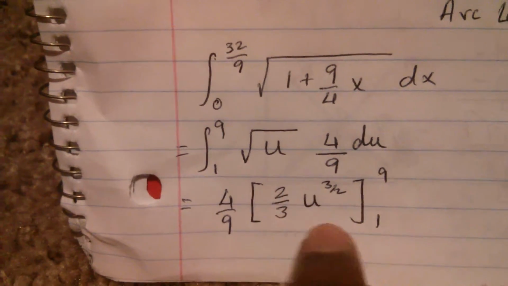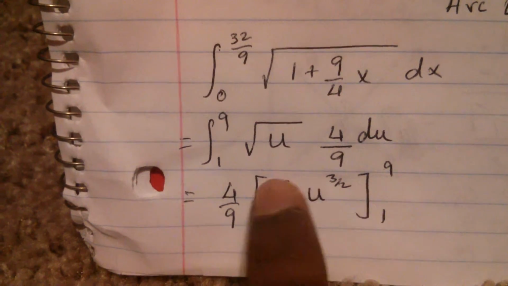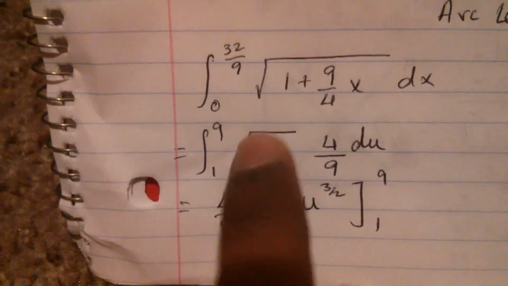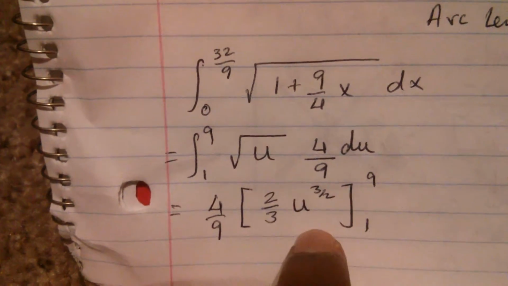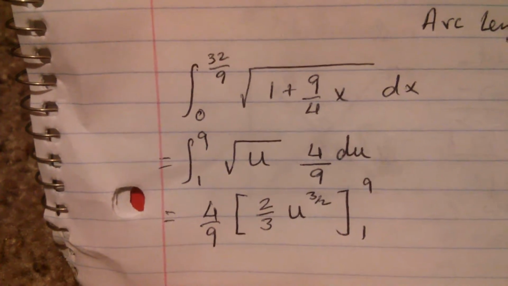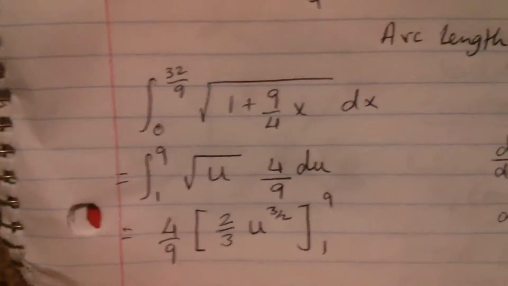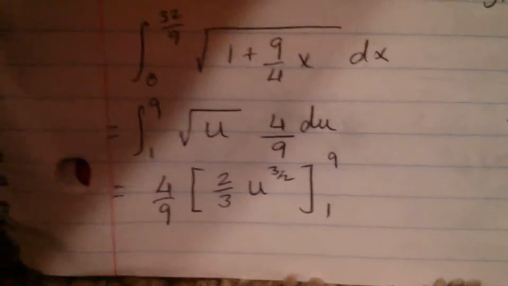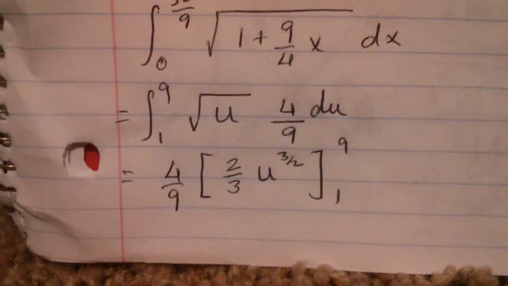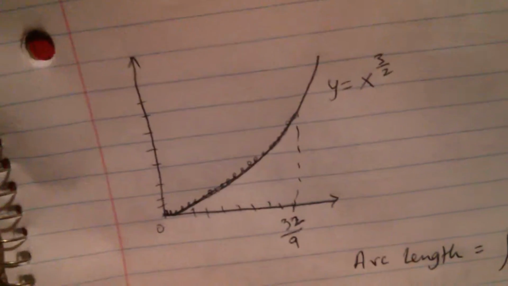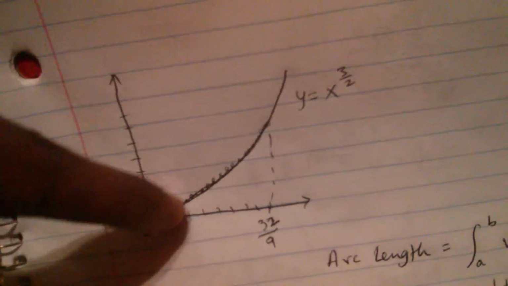We should know the rules. So now we just have to plug in 9 and 1 and solve for an answer. That's going to be the length of the arc created right here.